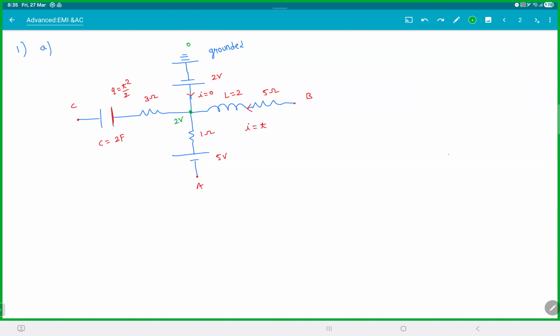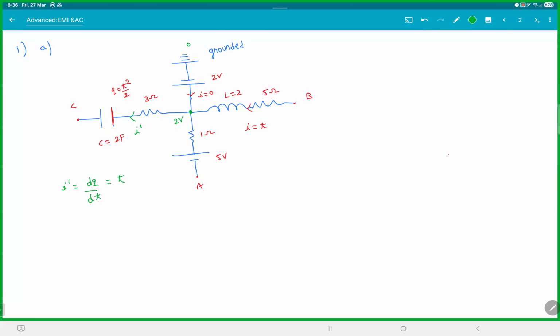Let's try to find the currents. In this branch, current I is equal to t. What is the current in this branch? If I call it I dash, it is dq by dt, which is also t. I could have given something else, but okay.